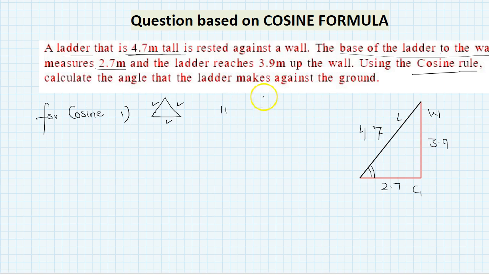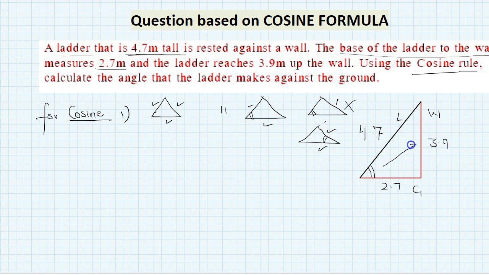And the second condition is when two sides and the angle between them are given. If just an angle is given, no, you cannot use it, because we need this side and this side, and the angle between them. Then only we can use the cosine formula. Now we have to find this angle.